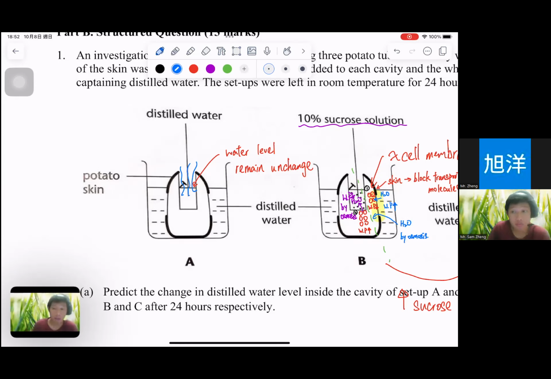This may be due to humidity problems. So in this case, the water level should remain unchanged, but this time the water level reduced. Then in this case, what should we do?